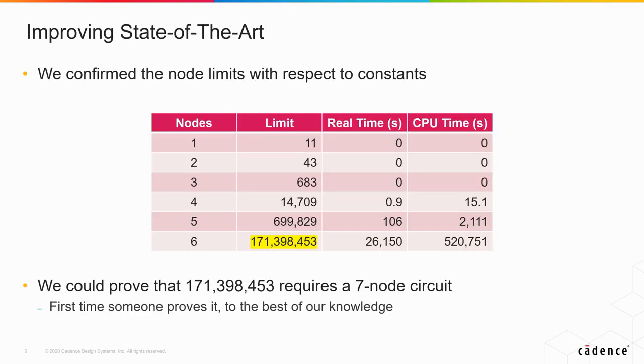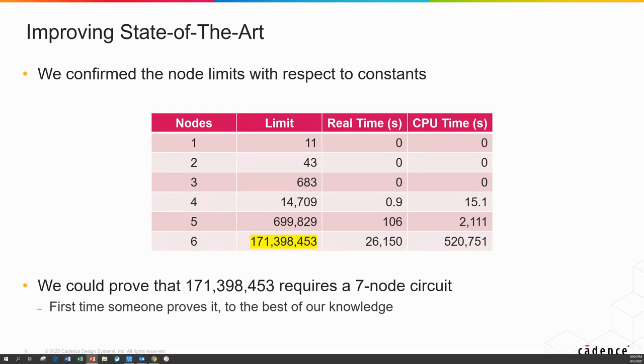And for our next experiment, we confirmed some interesting capacity limits of optimal multiplication circuits. Look at the limit column of the table that you can see on the slide. The meaning of the limit 11 is that we can do all multiplications by numbers from 1 to 10 using only one adder or subtractor.